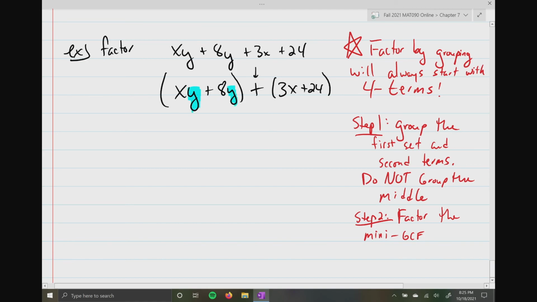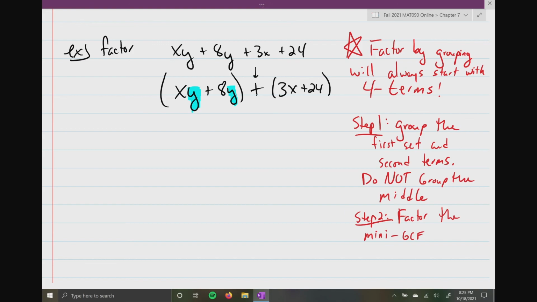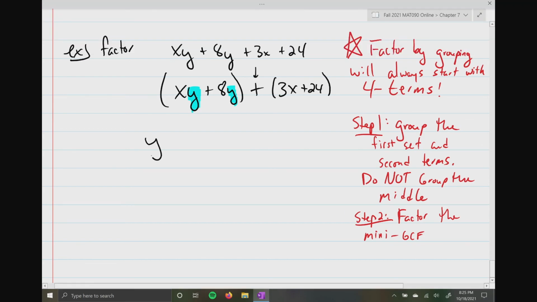So there's our mini GCF. So I'm going to write that. Y times the quantity x plus 8. Now for the second set of parentheses, notice you got a 3 and a 24. So you could definitely factor out a 3. So that's going to give you x plus 8.